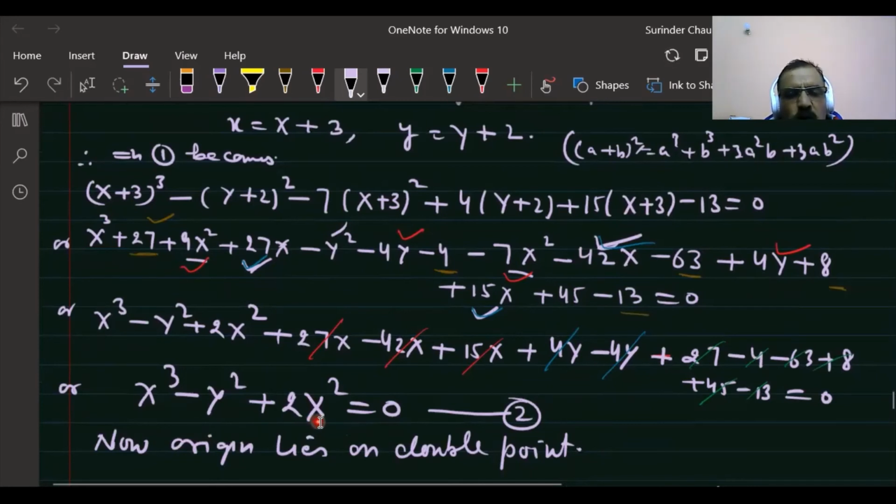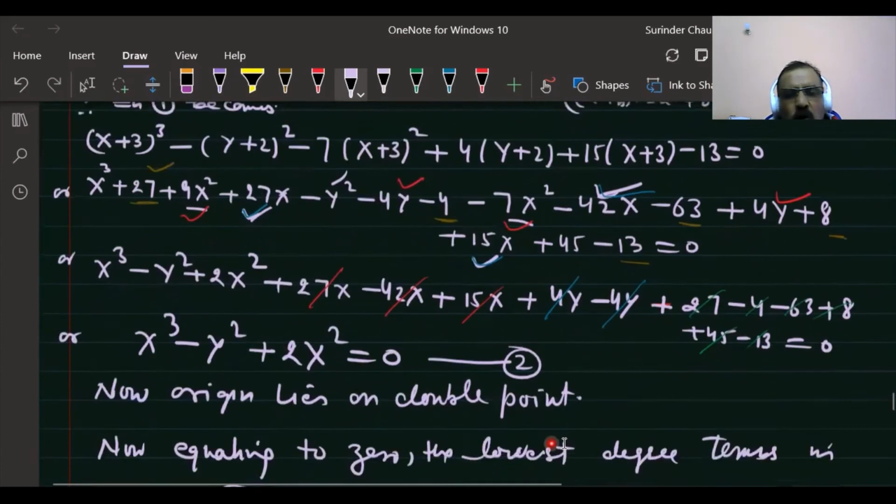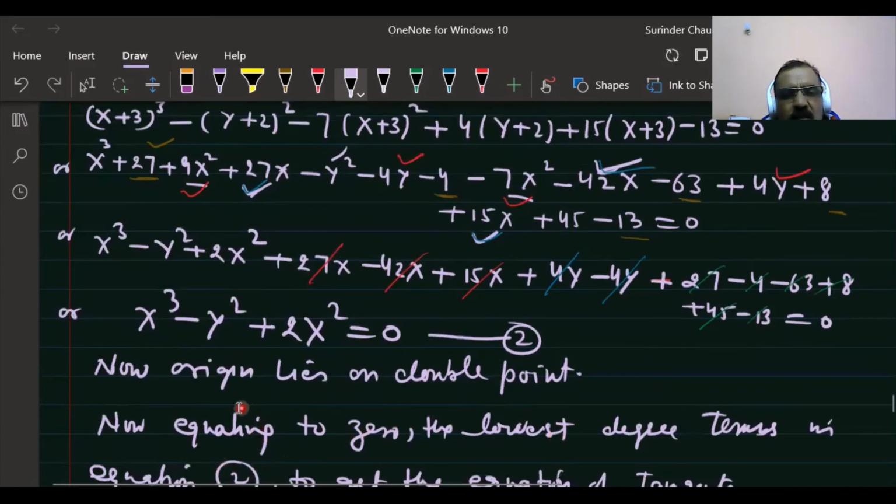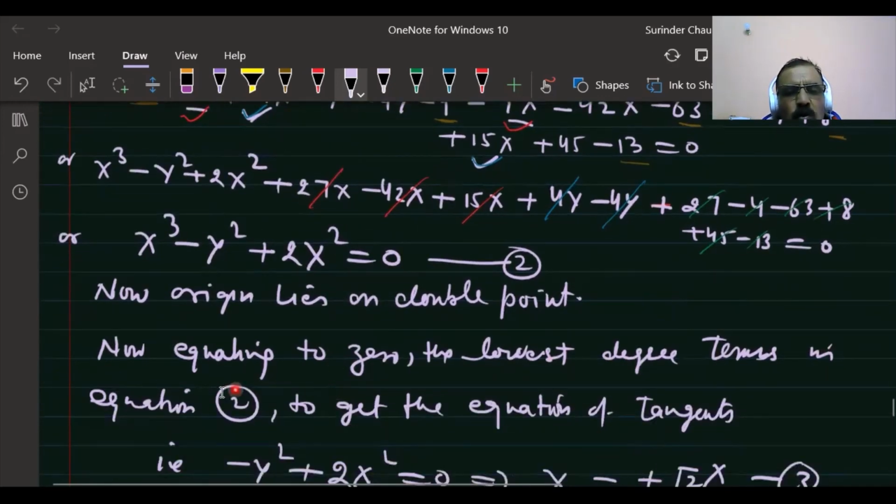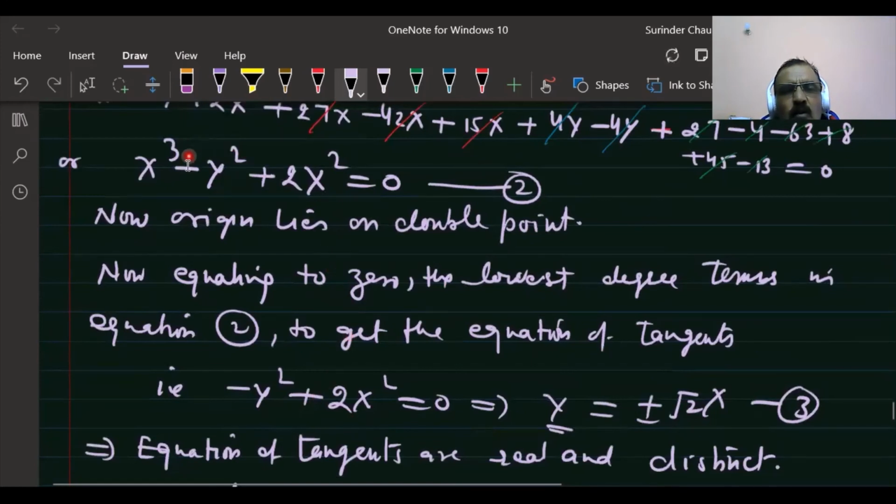This transformed equation is passing through the new origin, which lies at the point (3, 2). Now the new origin lies on the double point. Therefore, the equation of tangents will be obtained by equating the lowest degree terms to 0. So the equation of tangents will be Y squared minus 2X squared is equal to 0.